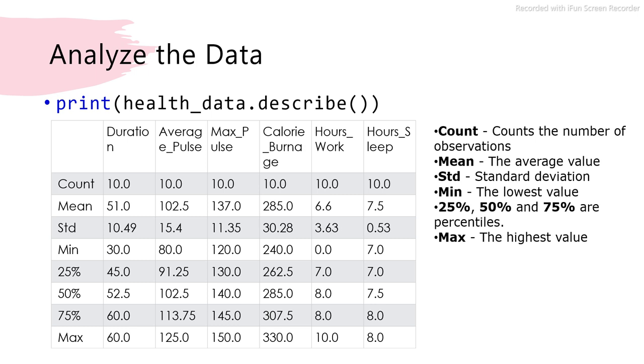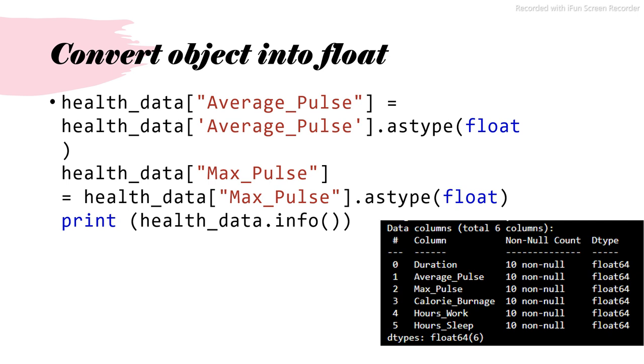So this is about the basics of working with a pandas data set. What I have done today is I loaded a simple, basic data set and read it using the read CSV function.